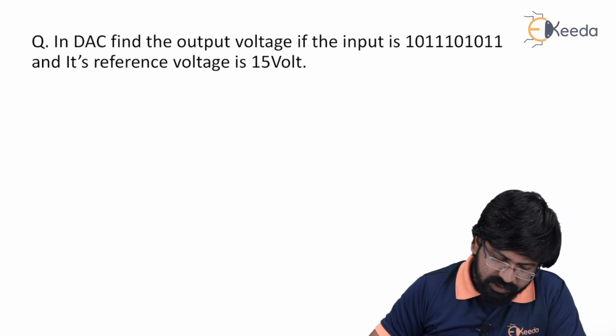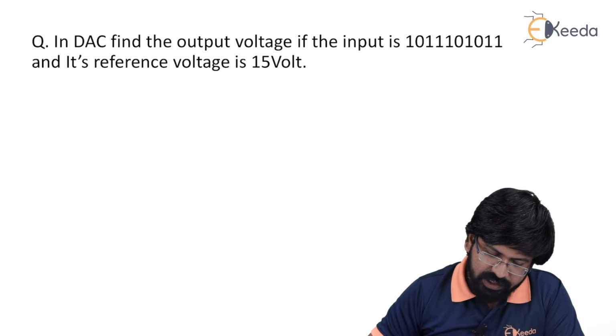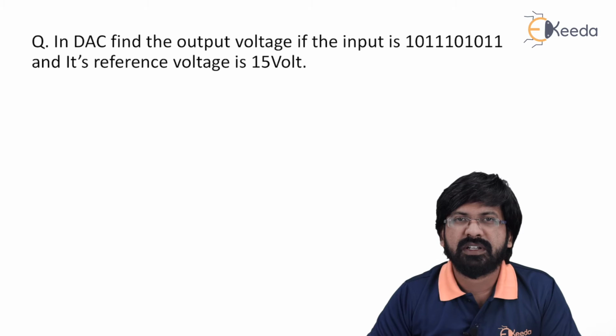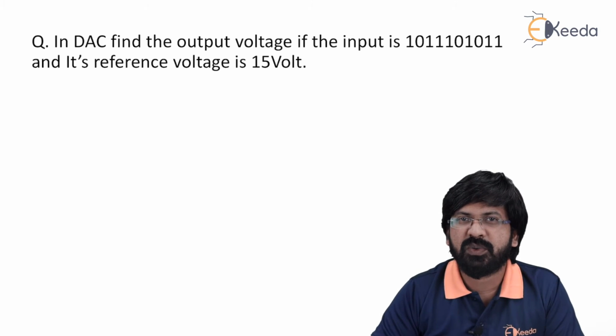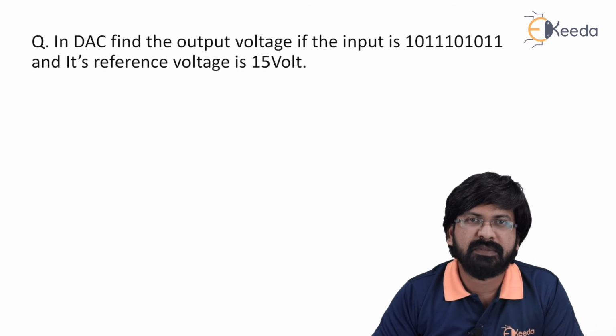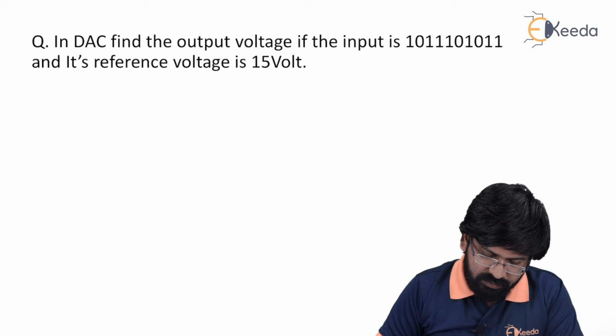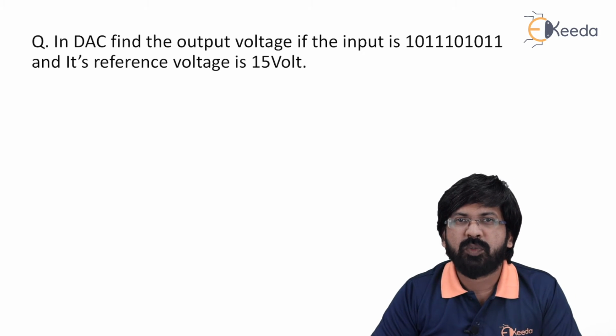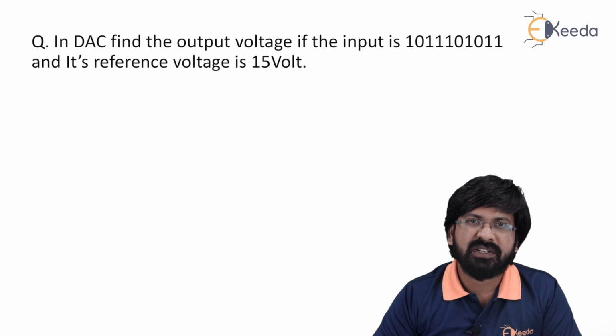So let's see how to handle this. See what they have provided us: input, and they are asking for the output voltage. Also, the reference voltage is given, and the reference voltage, if you remember, I told you is nothing but the full scale output voltage possible, that is the maximum output that can be given by the DAC. So you should always understand that for any given data, the output can be at most 15 volt or lesser than 15 volt only.